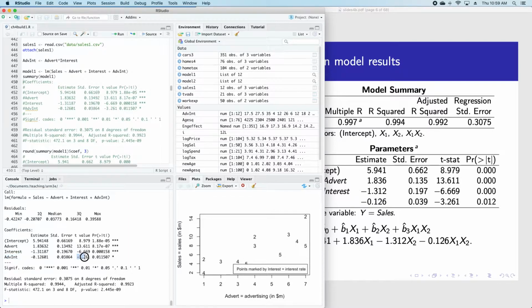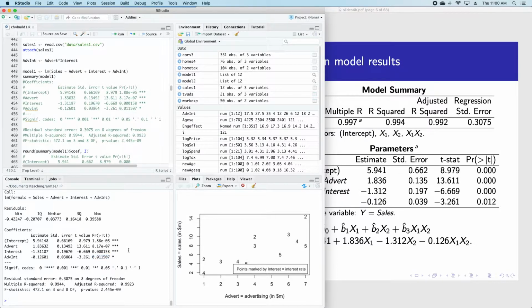To do that, I'm going to look at that test statistic and this p-value, and if that p-value is smaller than our significance level, then we'll reject the null hypothesis and conclude that we do have a significant interaction effect here.